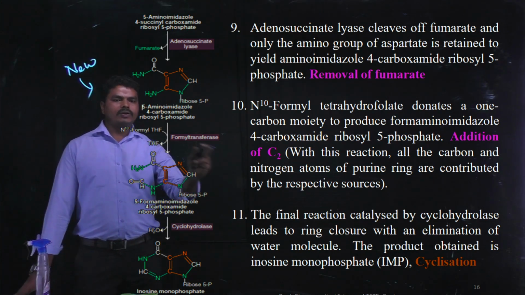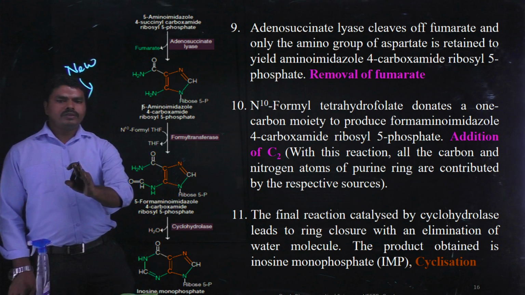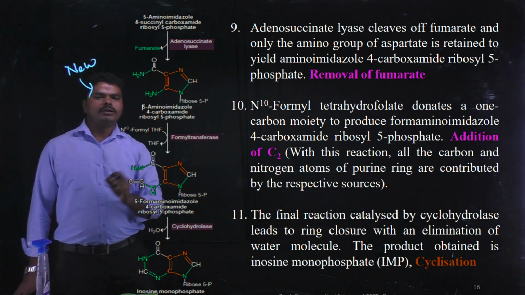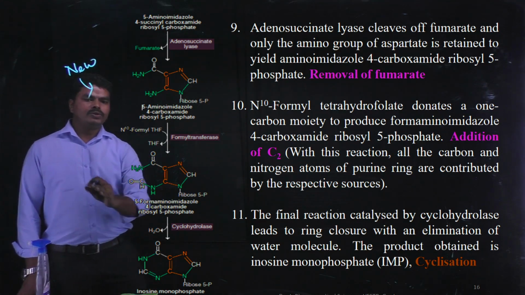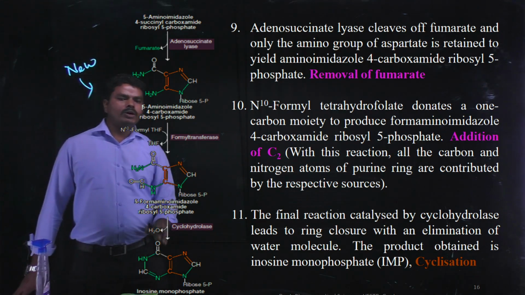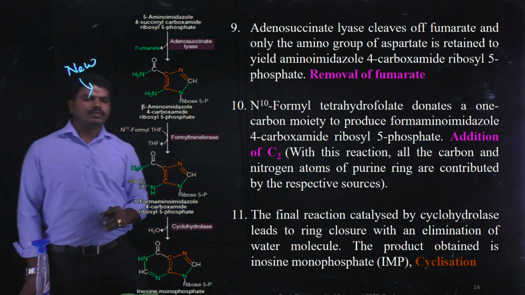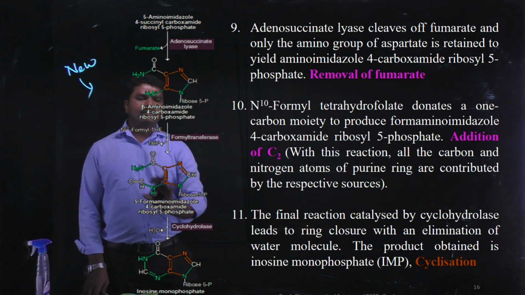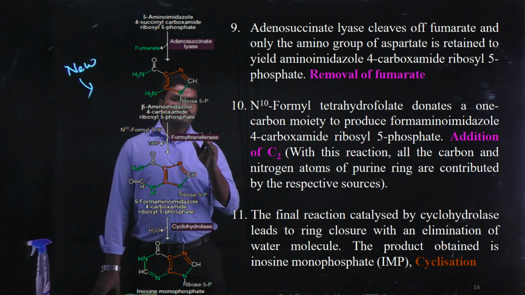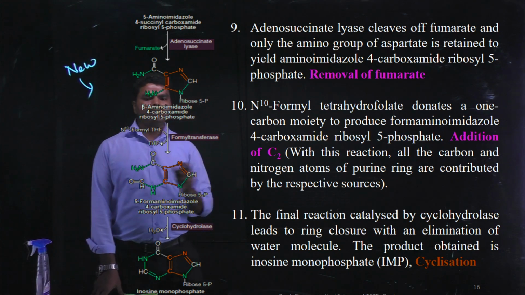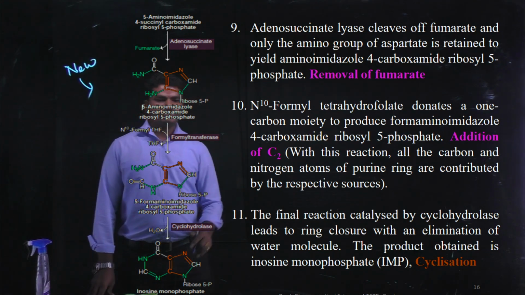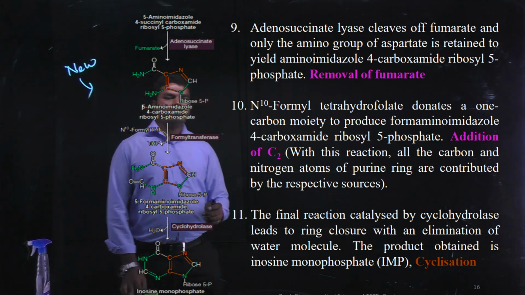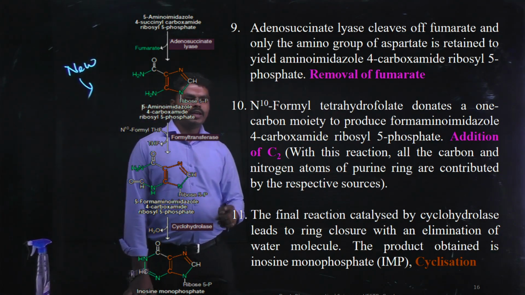So cyclohydrolase is the enzyme that converts 5-formamido imidazole 4-carboxamide ribosyl 5-phosphate into inosine monophosphate by ring closure. These are the steps involved in the biosynthesis of the parent nucleotide, inosine monophosphate. From this inosine monophosphate we can produce the other nucleotides like AMP and GMP.